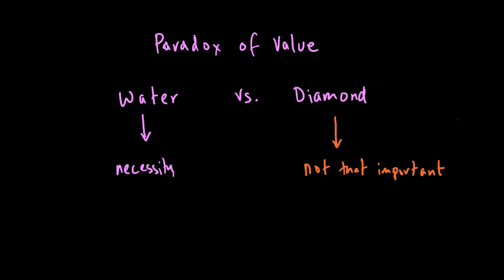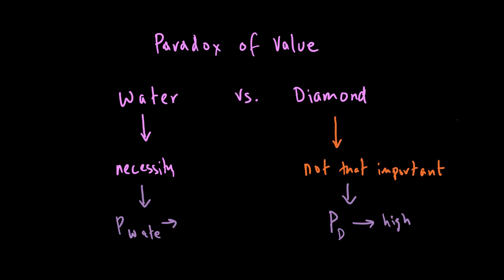But if you look at right now, the price of diamonds, let's call it PT, is very, very high. But when you look at the price of water, it is very, very low.